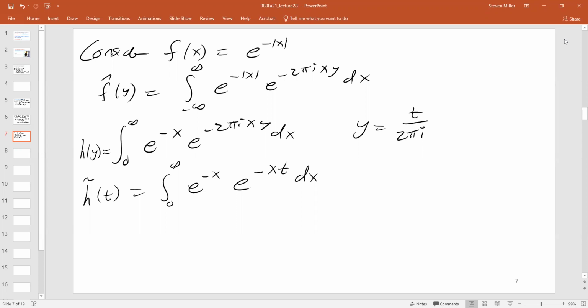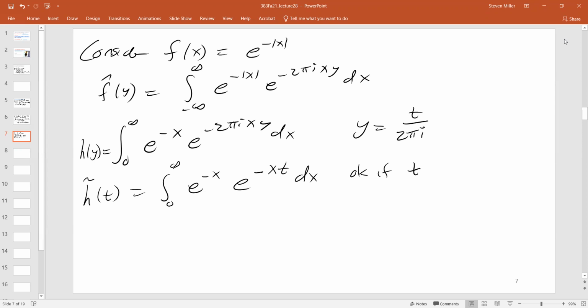So as long as t is what? When is this integral going to be okay? We're okay if t is what? So if t is positive, we're clearly okay. Positive real, t is going to be real for this argument. Okay. So for what values of t?